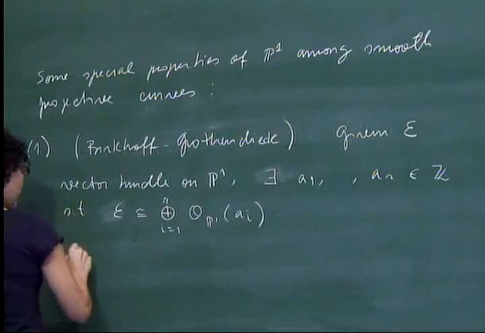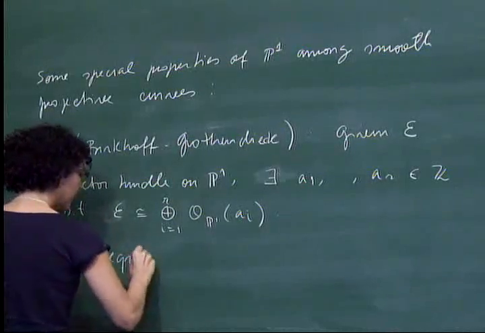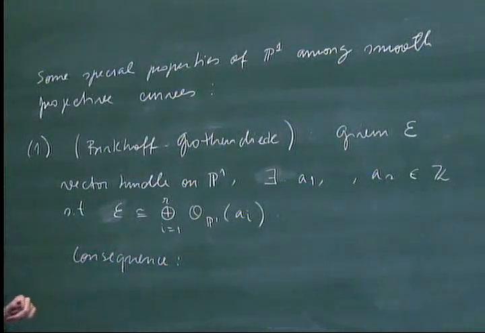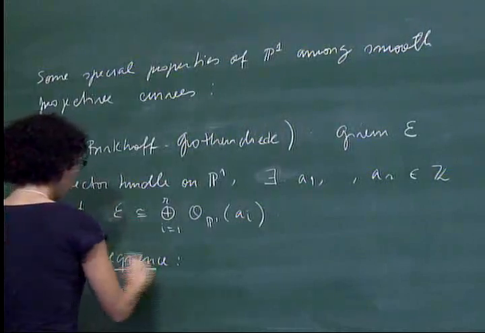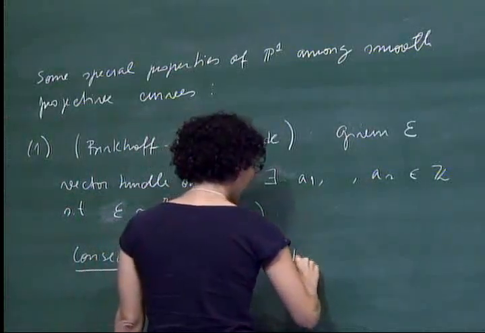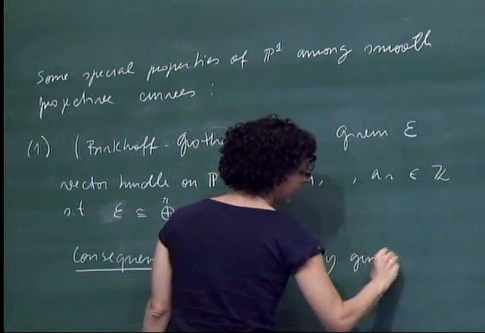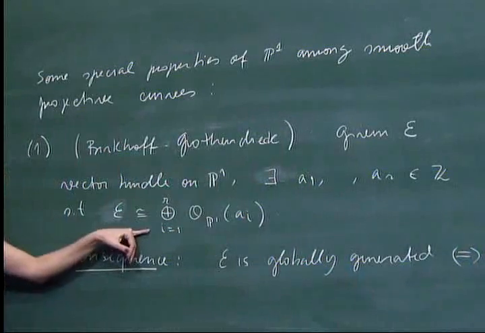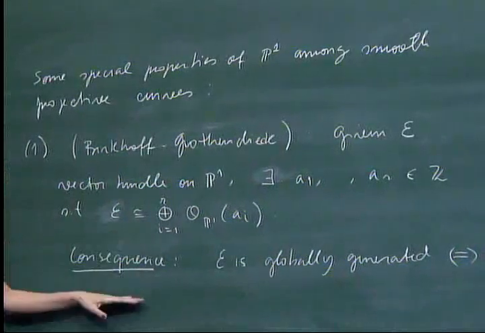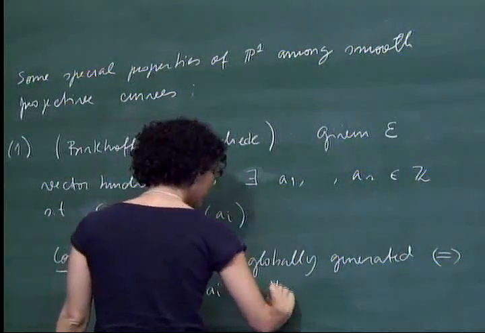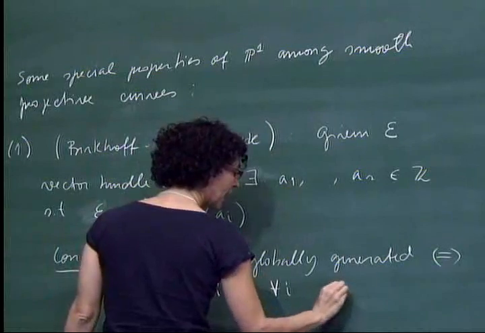And let me just state a very nice consequence of this splitting. Suppose you want to understand whether a given vector bundle is globally generated. If you are over P1, then E is globally generated if you look at this splitting here, if and only if all the ai are greater or equal to 0 for every i.